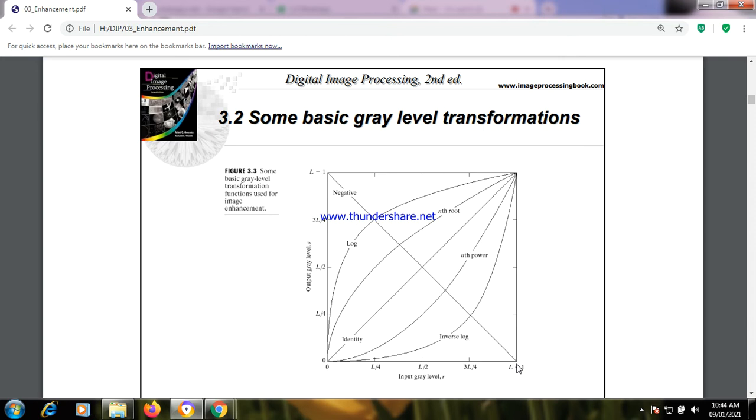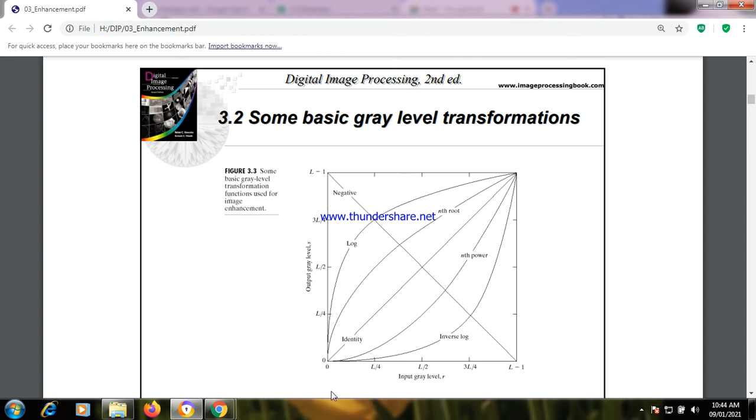A gray image has a range of 0 to 255. L by 2 means around 128. This is your output gray level. Input gray level we indicate by R, output gray level we indicate by S.